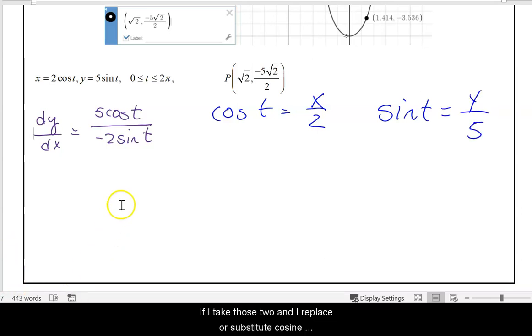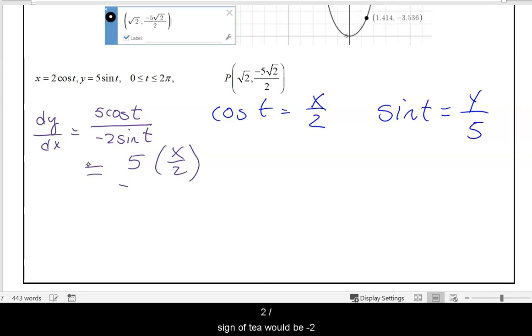If I take those two and I substitute cosine of t and sine of t with these equations, I get the following formula. This gives me 5 times x divided by 2 over sine of t would be negative 2 times y divided by 5.